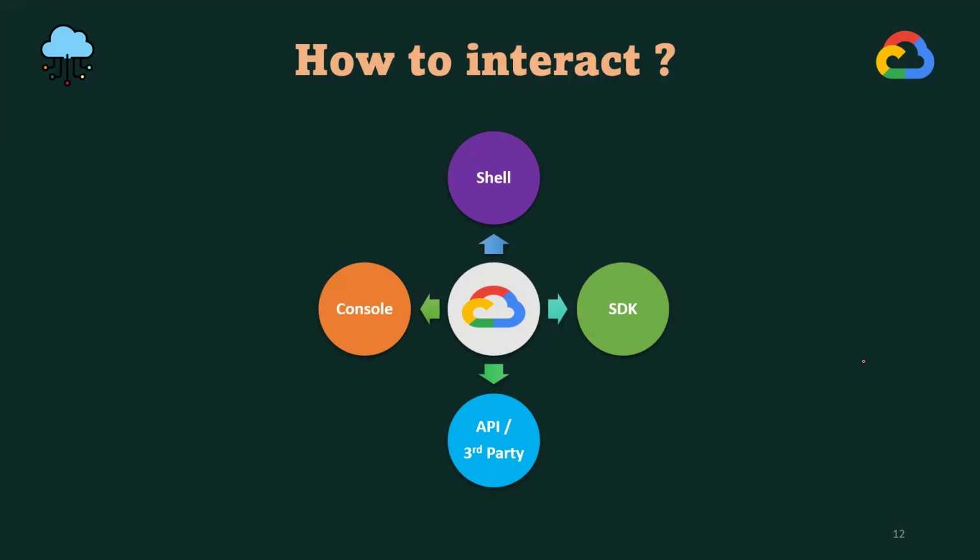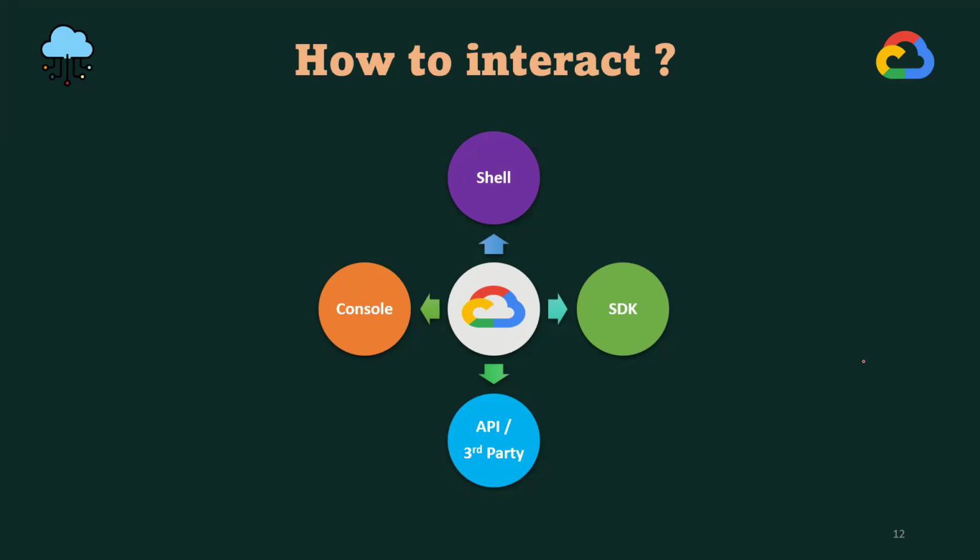Console, Cloud Shell, Cloud SDK, and APIs and third-party tools. Let us try to see what each of these is. This is a very, very basic session. Everyone must understand so that you can comfortably work in companies with the help of the GCP services.